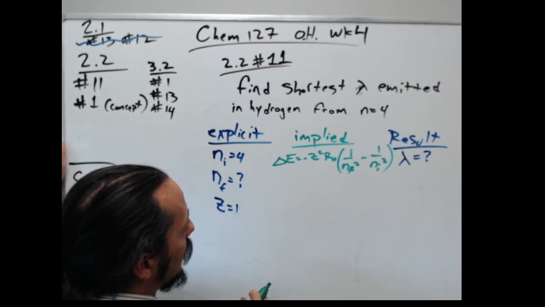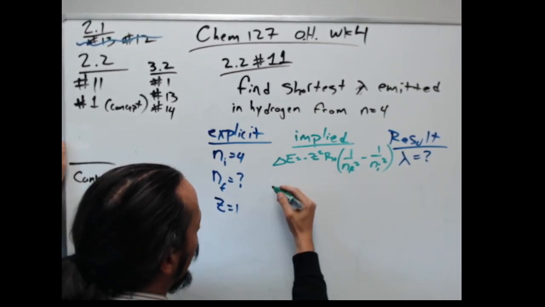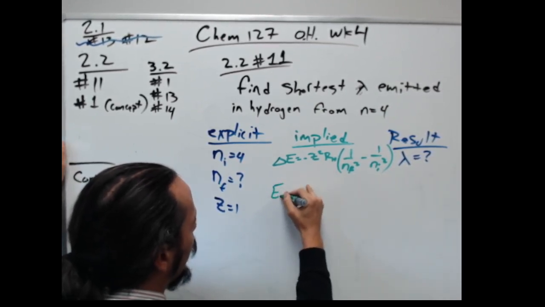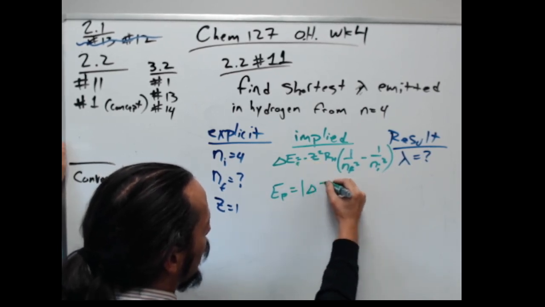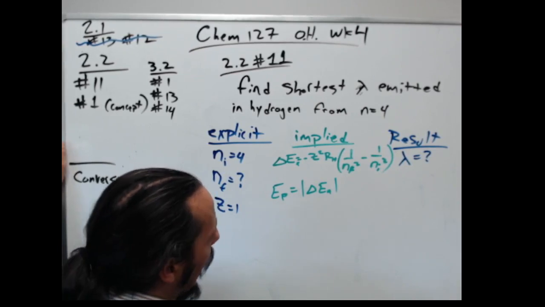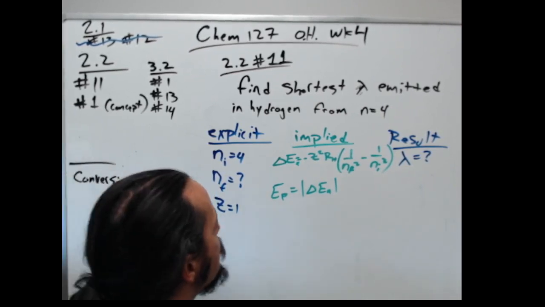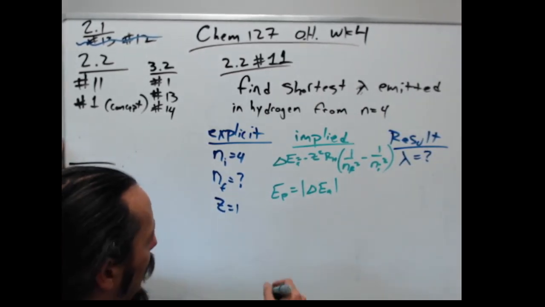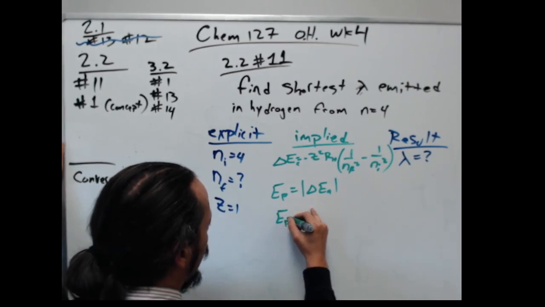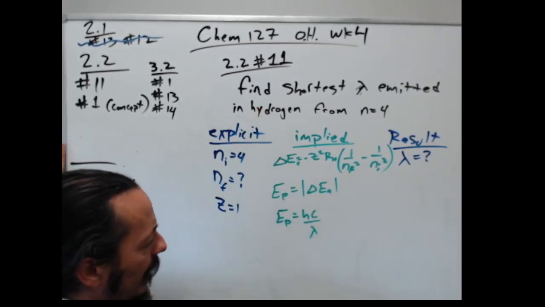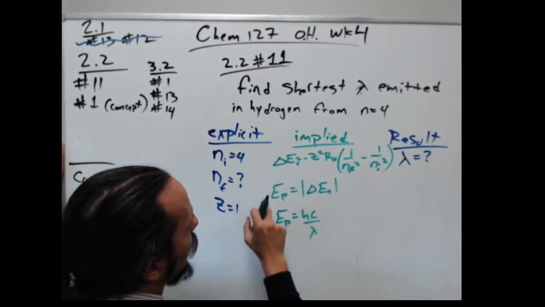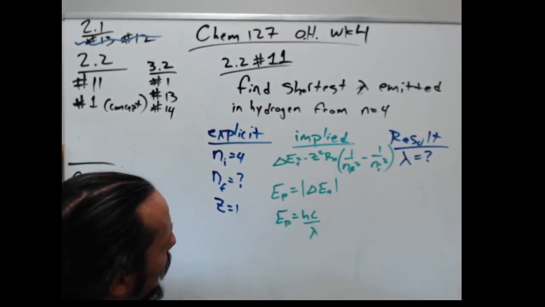R_H is a constant. There's nothing that relates to wavelength here, but then I can remember that the energy of a photon is equal to the absolute value of the change in energy of an atom, so I've got that relationship. And then I have one more thing, the energy of a photon is equal to hc over lambda, so I can relate them. I've got wavelength in there, I've got photon in there, I've got the energy of the atom in there.